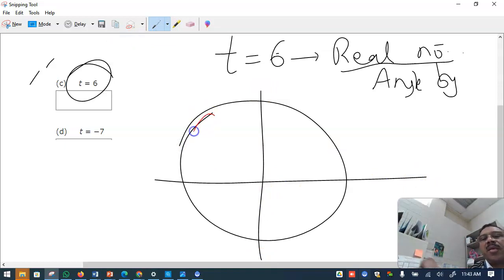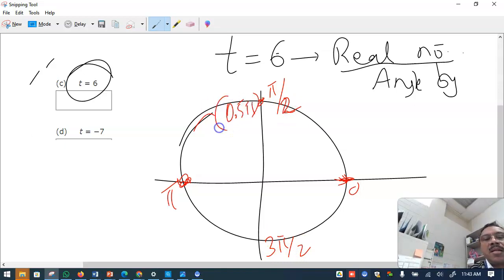We know if this is the unit circle, and this is 0, then this is pi by 2, this is pi, and that is 3 pi by 2. It means this is half, basically 0.5 pi. See? This is 1 pi, and this is 1.5 pi. If you go all around, that is the same as 2 pi.